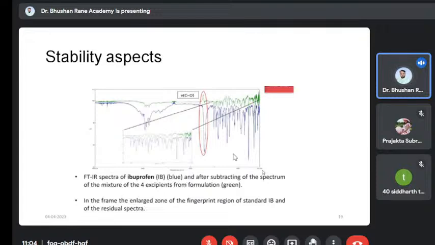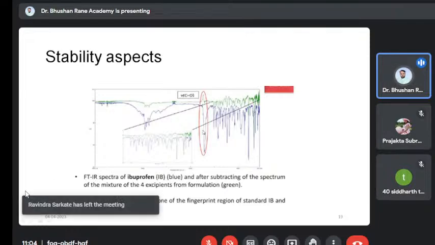Next is the stability point of view. So here is the arrival of peaks. In this highlighted portion, this is a negative peak and those are positive peaks observed. Here in the first and second peaks, the first is for ibuprofen, and the second, blue, is for ibuprofen, and here the spectrum for the drug with the four excipients is denoted by the green line.